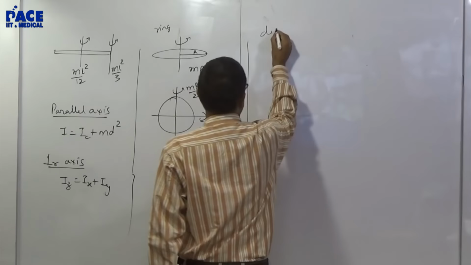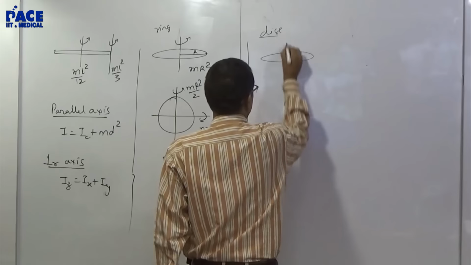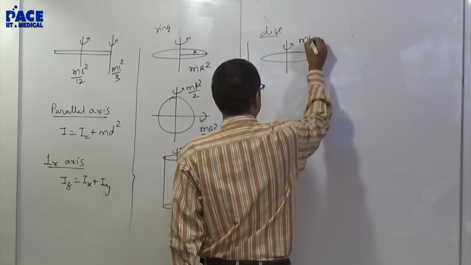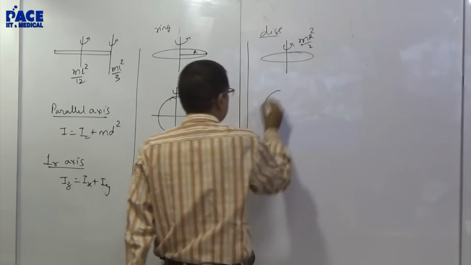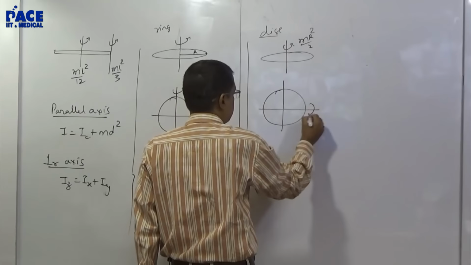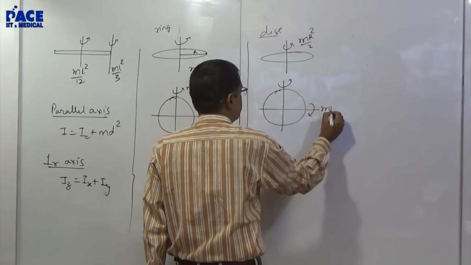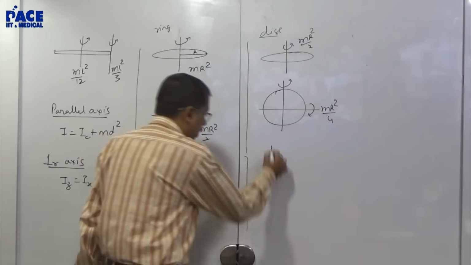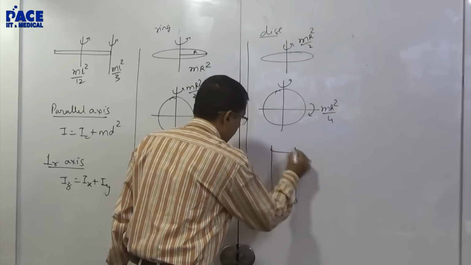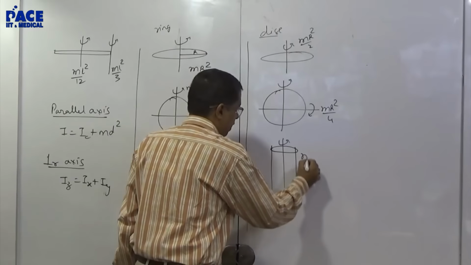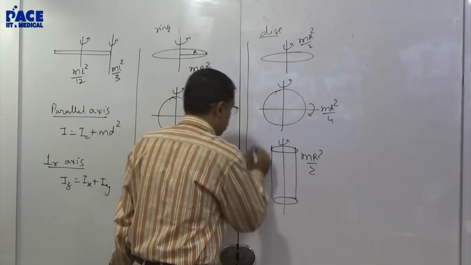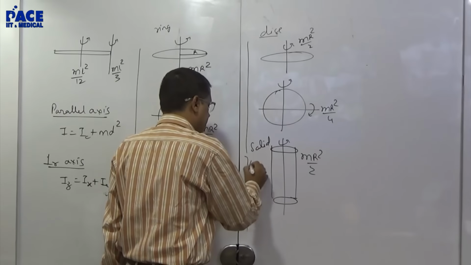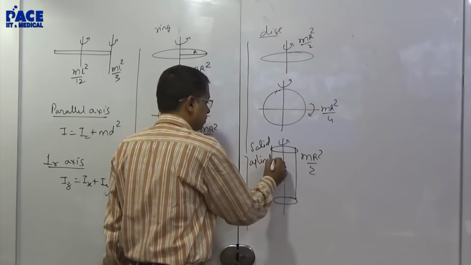For a disc, about this axis will be mr square by 2. This is mr square by 4. Solid cylinder, mr square by 2.